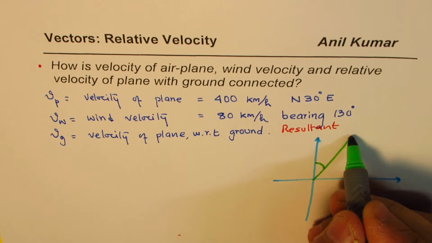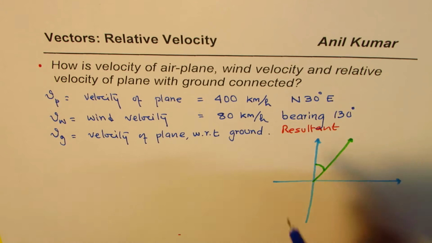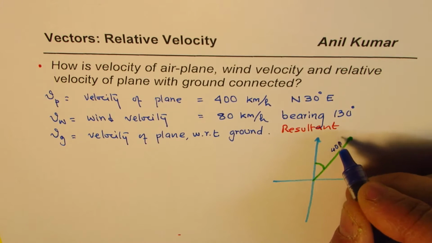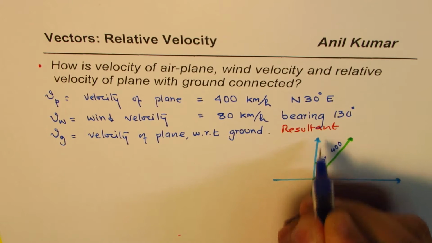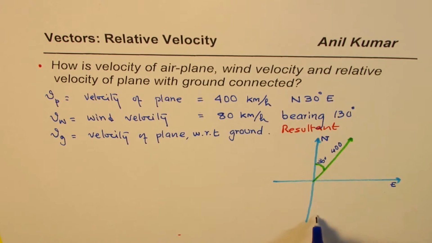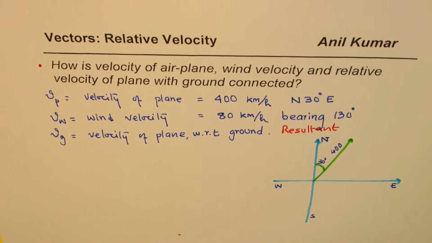So that is the plane, okay? So we can write this as 400 here, the magnitude part, and that is the angle from north. So this is north for us, right? So this is north, this is east, south, and west. Is it okay? So that is what represents plane velocity.